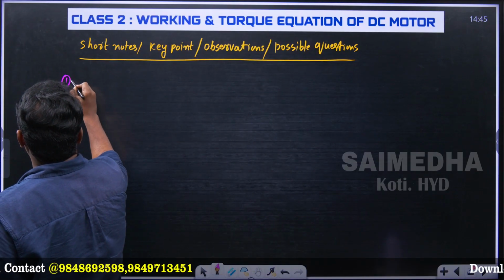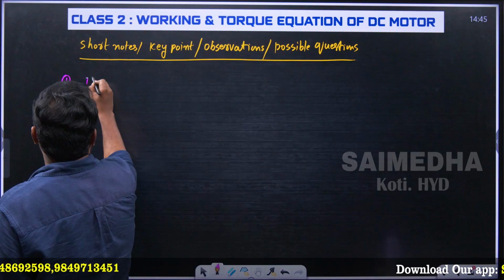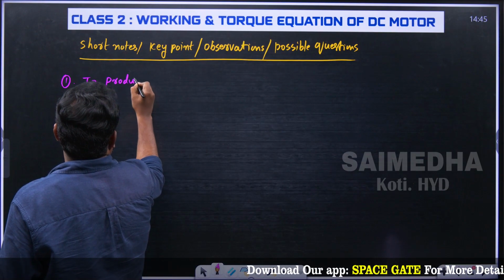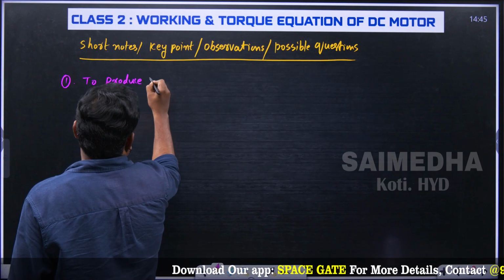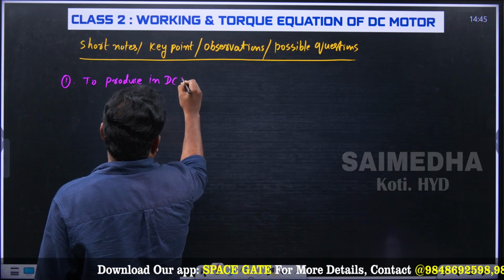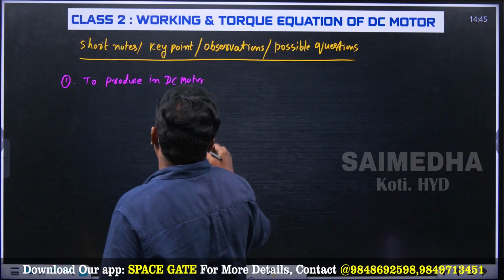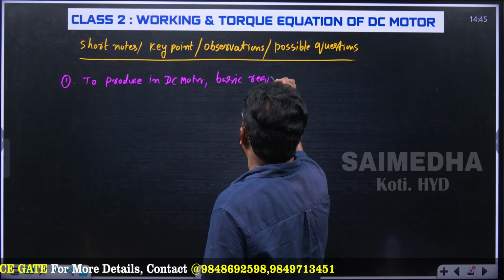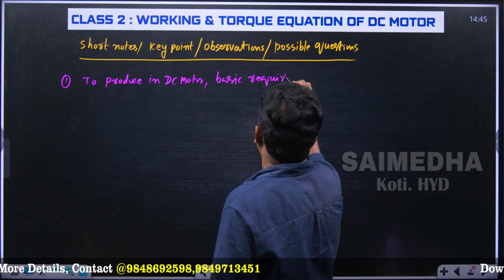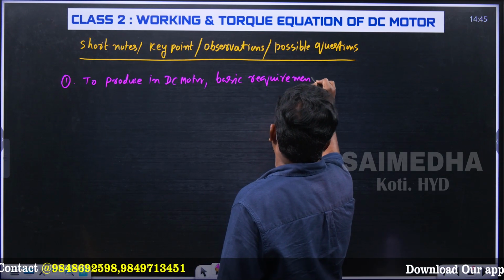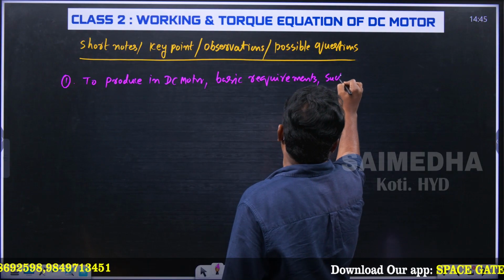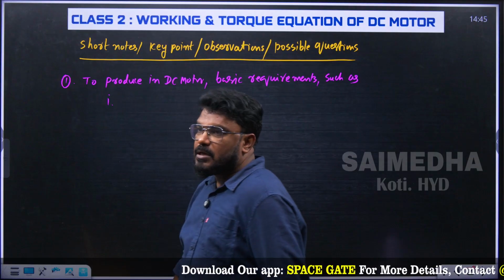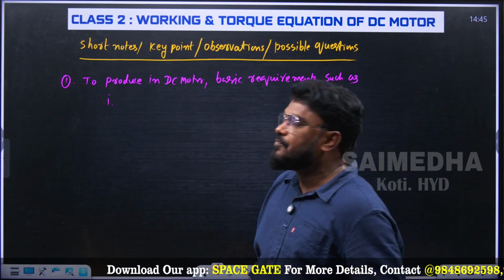One of the short notes here. To produce the torque in the DC motor, the basic requirements are: one of the basic requirements is the steady nature of the magnetic field is required.